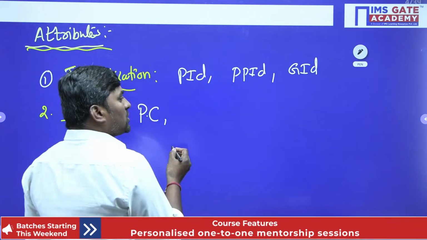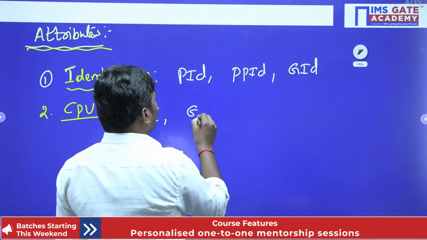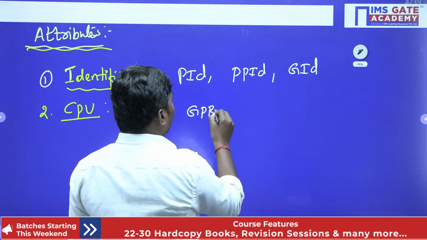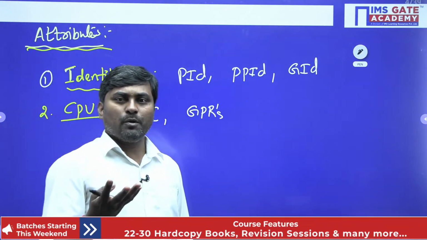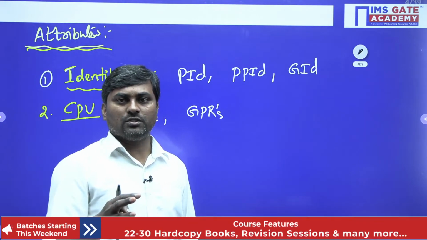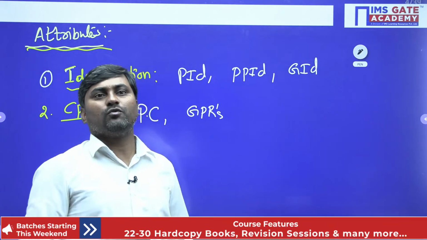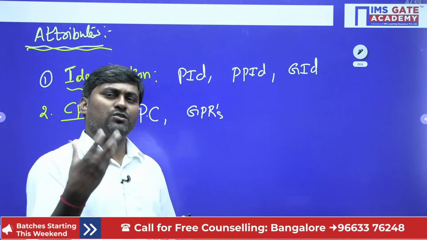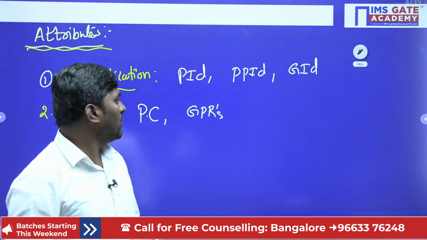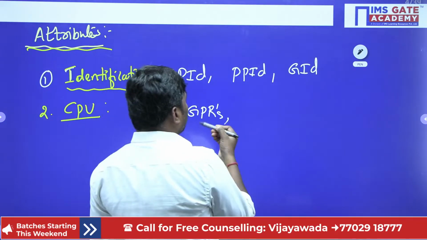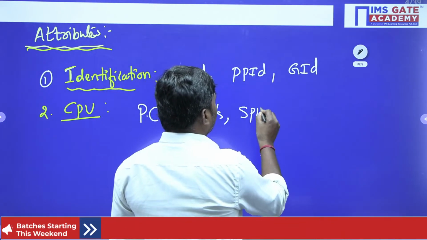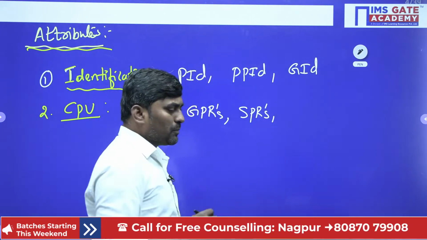During execution, a process uses various general purpose registers. The number of general purpose registers used varies from process to process: 2, 3, 5, 10, depending on the architecture and the process. Sometimes we also use special purpose registers.